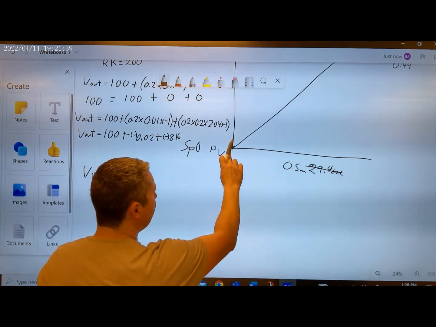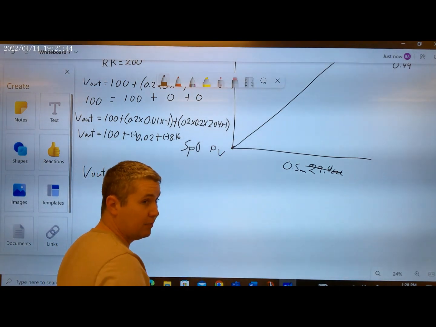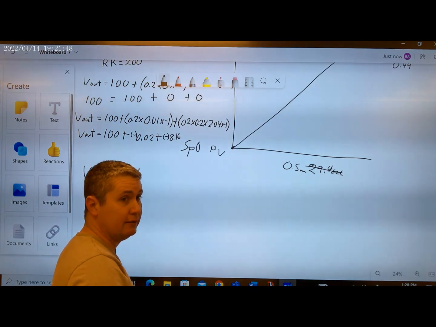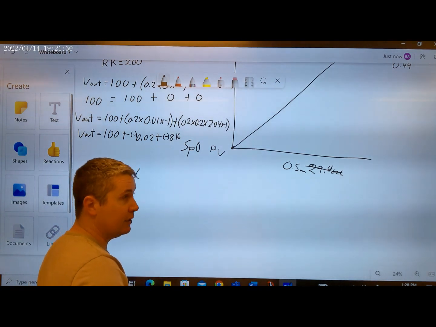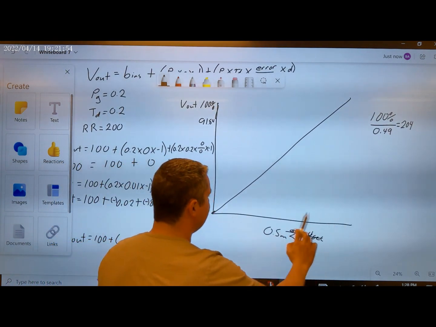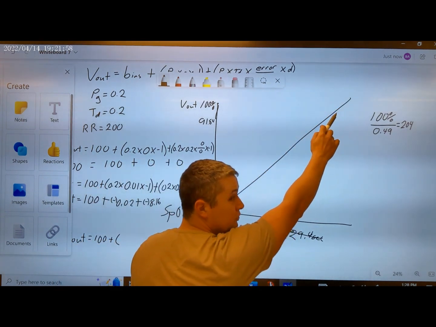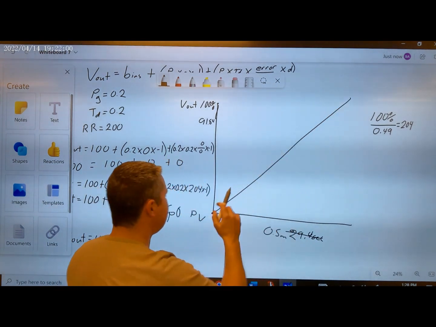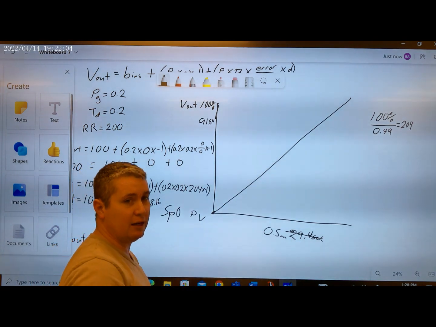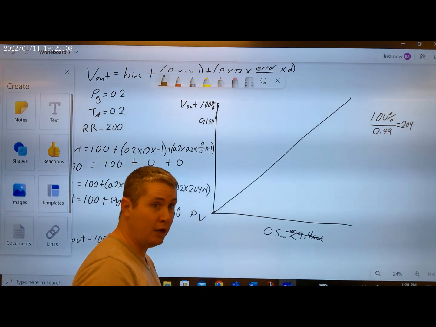Now, when our process variable ends up being at 100%, our new error is 100, right? Do you understand that? When we get out to half a minute, our process variable has ramped all the way up to 100. That means our error is process variable minus the set point, and that's going to be 100 minus 0, which is going to be an error of 100.